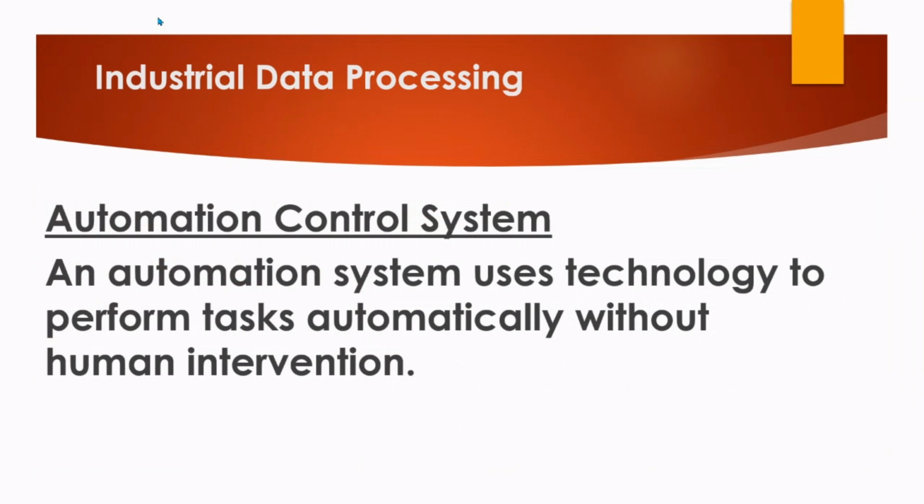With automation systems, they're basically able to carry out straightforward tasks, such as running a program on a washing machine. This does not require any human involvement at all. Without human intervention, they're able to carry out their tasks on their own.